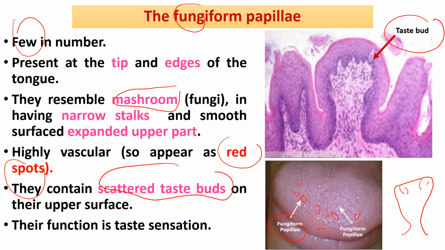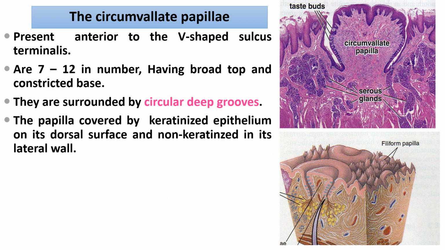Let's go to the third type. This third type of papillae is the circumvallate papillae. Circumvallate means that this papilla is surrounded by a valley, so it is deeper in the structure. So let's look at this picture. Can you see that it is a projection, but it is beneath the surface of the tongue?